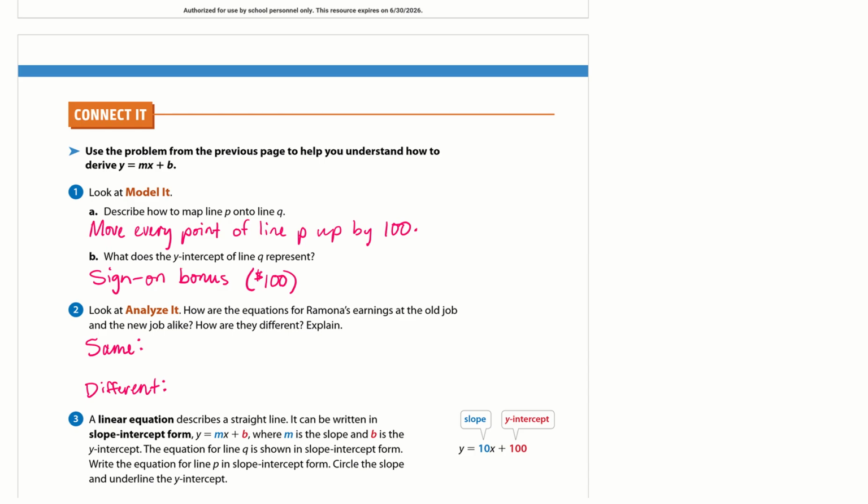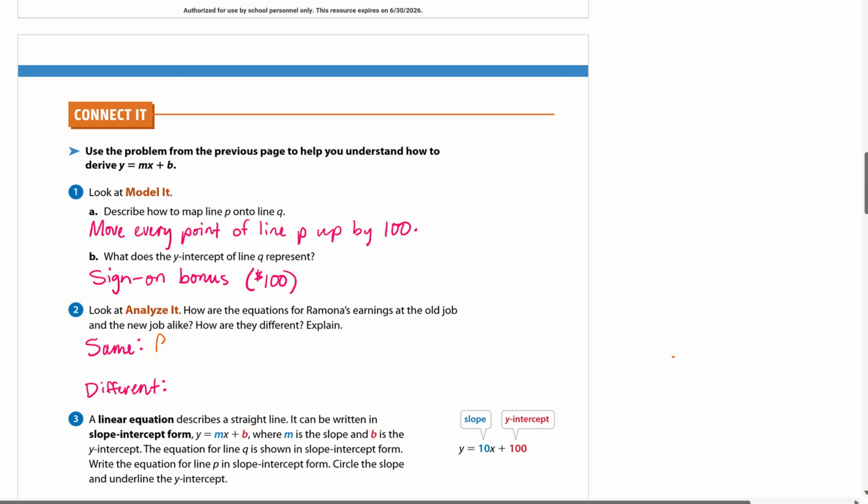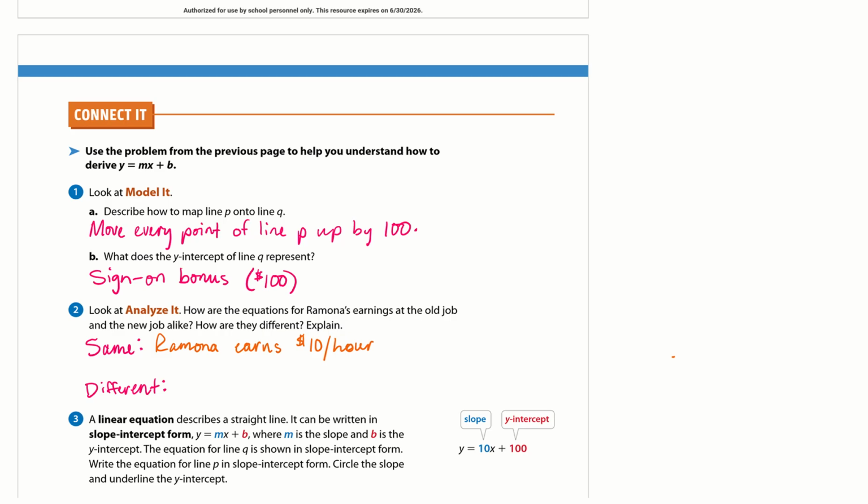When we look at the two jobs, the way that they're the same, you should have something along the lines of Ramona earns $10 per hour at each job.